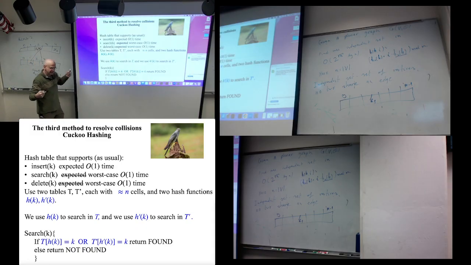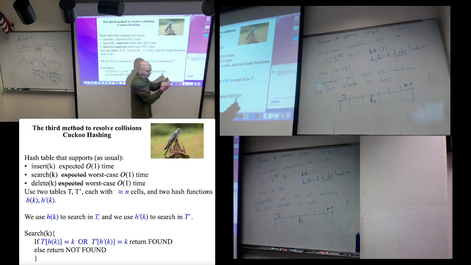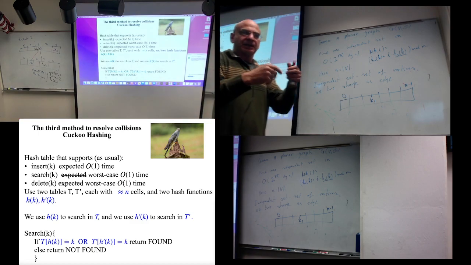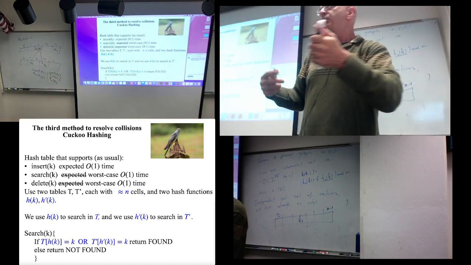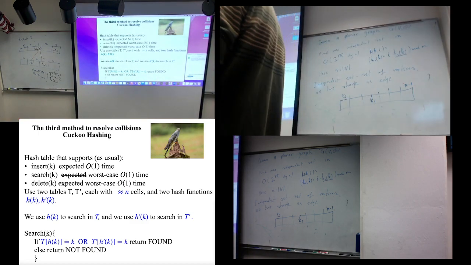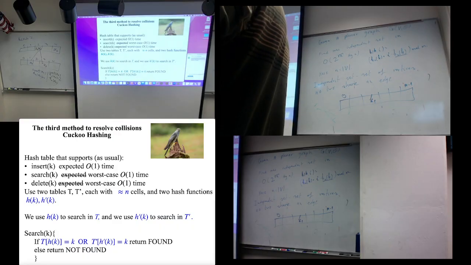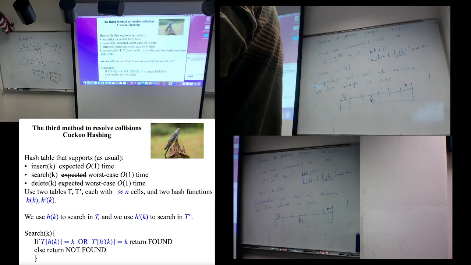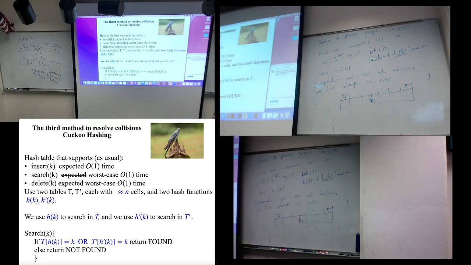So we are using the fact that two keys colliding in the first table doesn't mean anything about their chance of collision in the second table. We hope that the chance of collision in the second table is not larger than the chance of collision of any two keys.